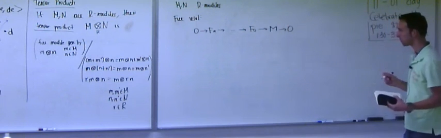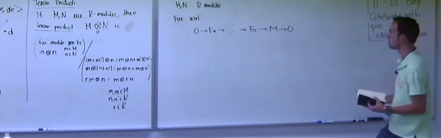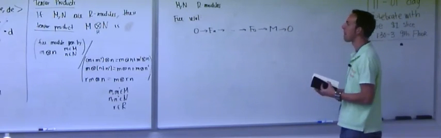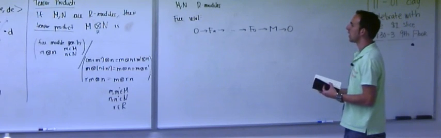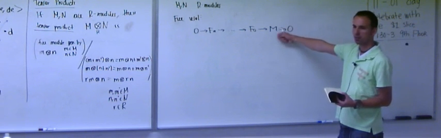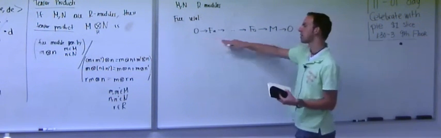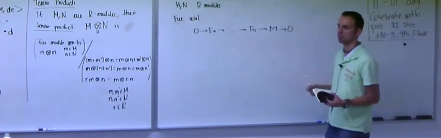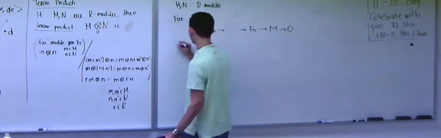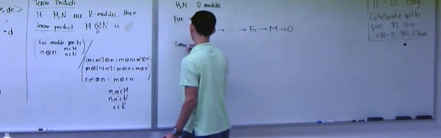Okay. So this is a chain complex which is exact at every step. Okay. What I want to do is that I want to take this whole thing and tensor everything by N. Okay. So I'm going to tensor everything by N.